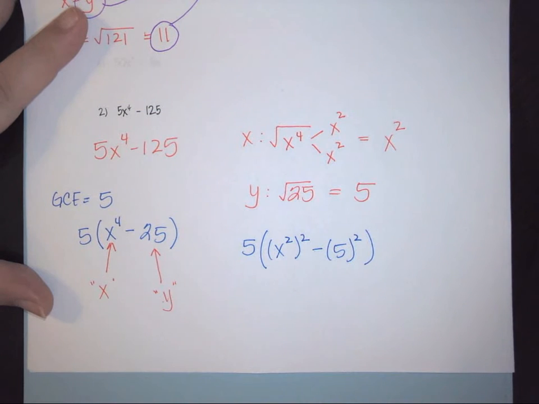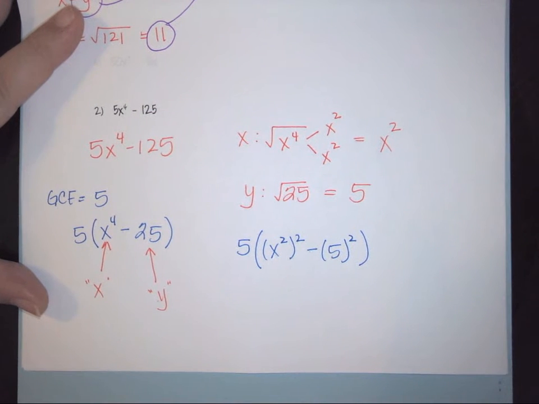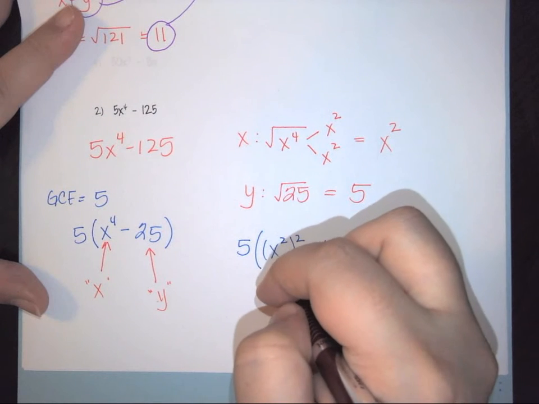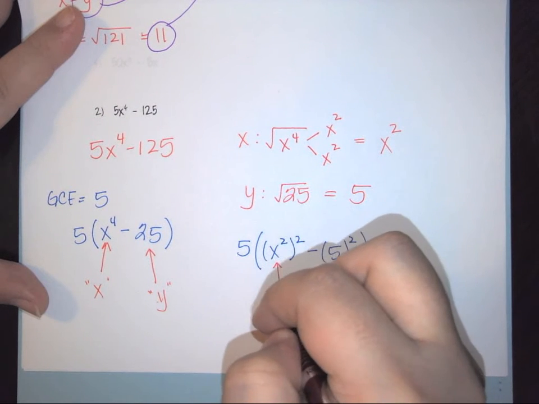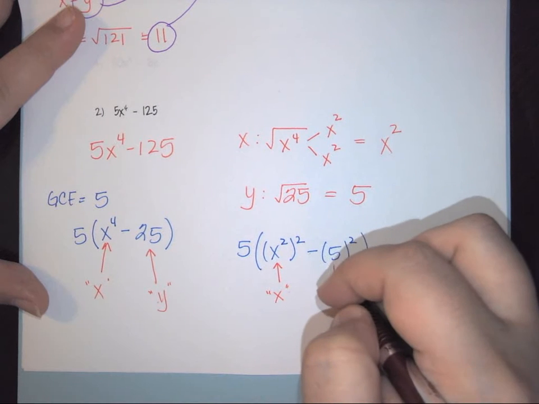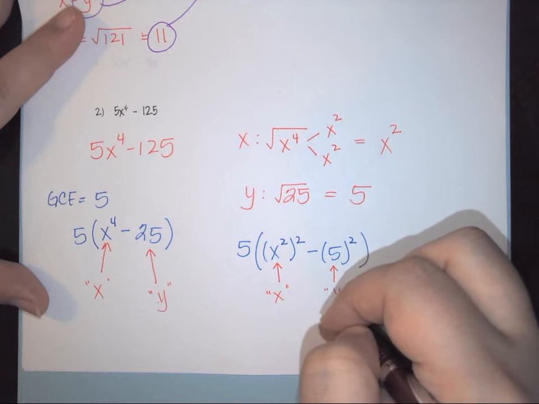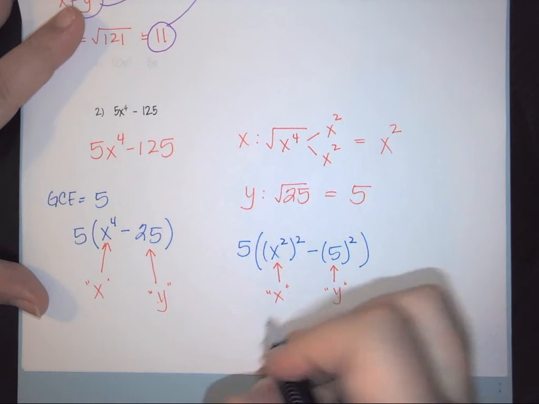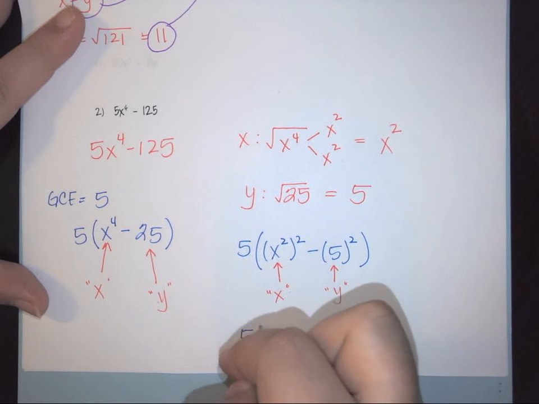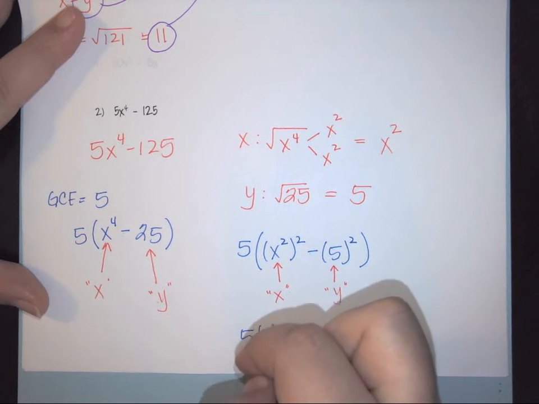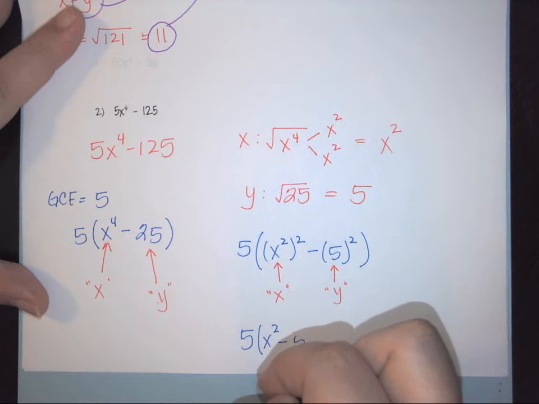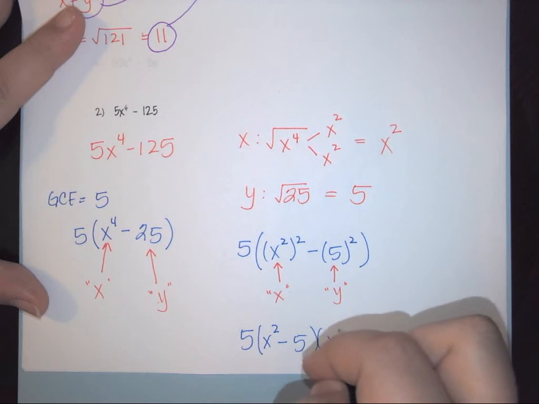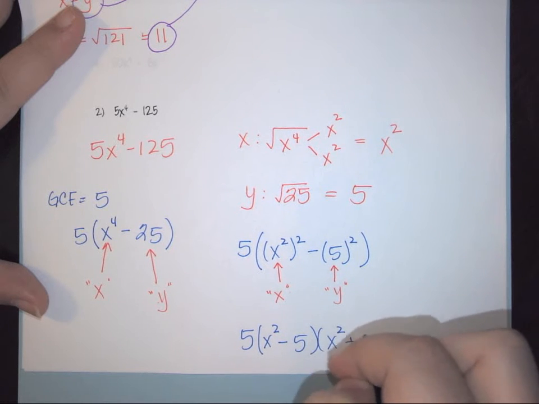This is what I have. So this is going to represent my x term, and this is going to represent that y term. Using the formula I know, this is going to become 5 times x squared minus 5 times x squared plus 5.